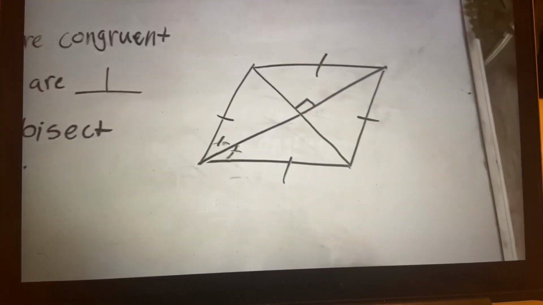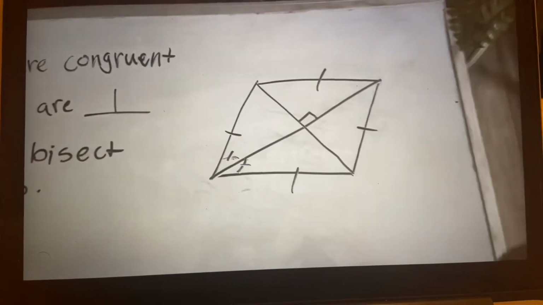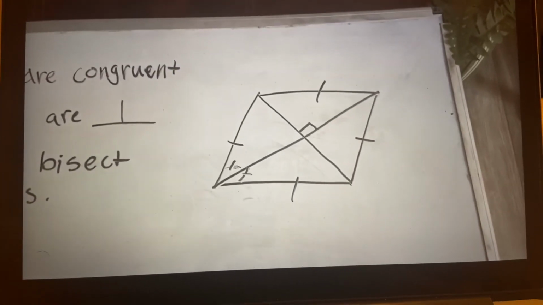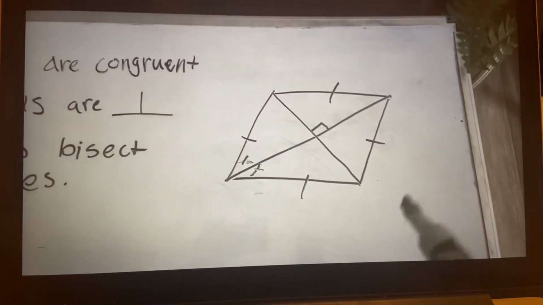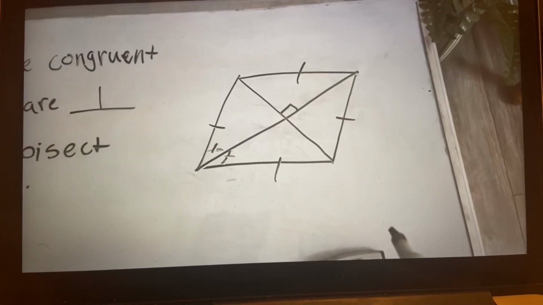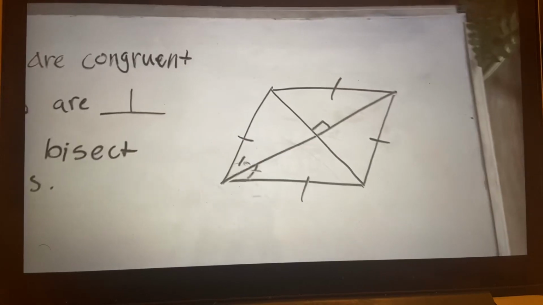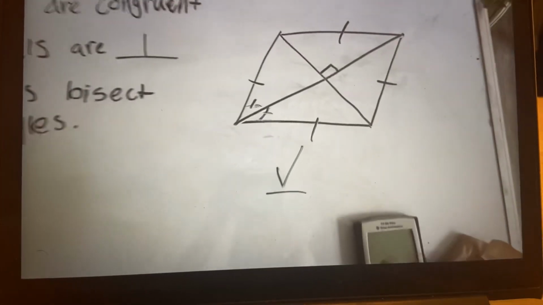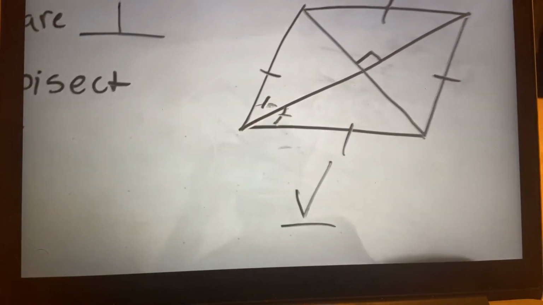This right here, ladies and gentlemen, is a rhombus. It is a rhombus. Now let me ask you, is a rhombus a parallelogram? Is a rhombus a parallelogram? The answer is yes. A rhombus is indeed a parallelogram.